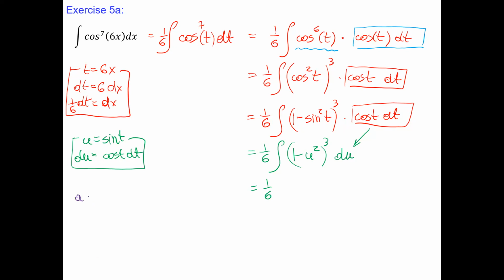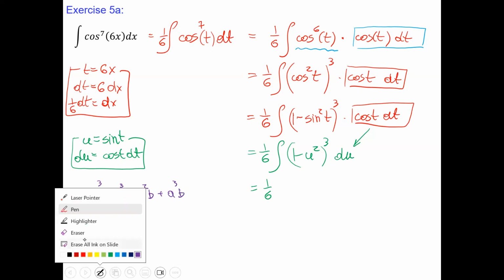Okay, when we have a plus b cubed, then we will just start from the highest power. That means we have always a times b. That means a cubed and b to the power of 0, and then a squared, b to the power of 1, a, oh, wait a minute, I did something.